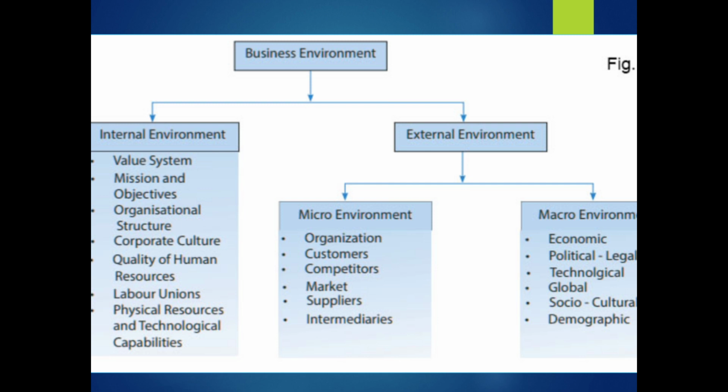The external environment is classified into two, micro and macro. The micro environment includes the organization, customers, competitors, market, suppliers, and intermediaries. The macro environment is economic, political, technological, global, social, cultural and demographic.